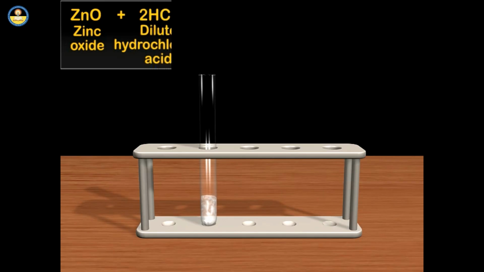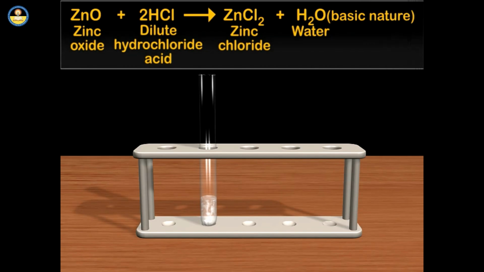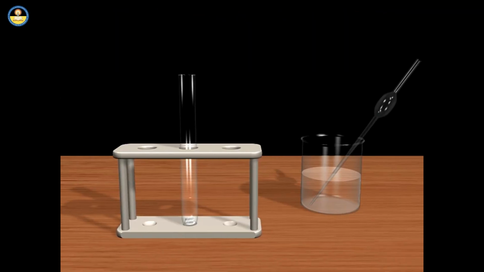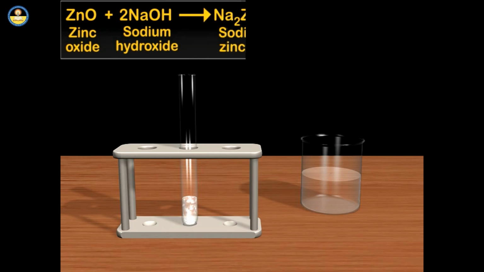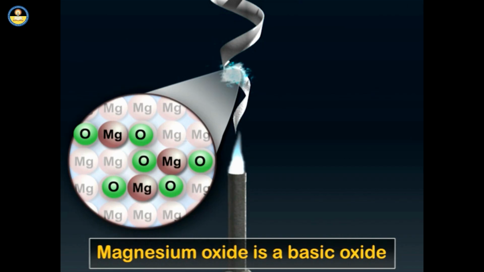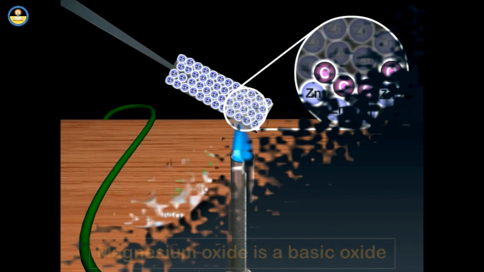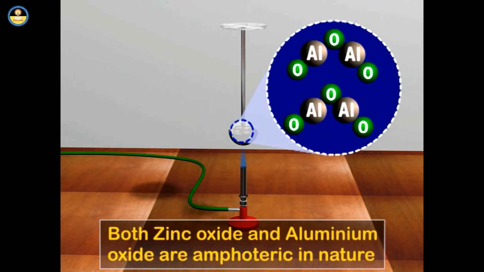ZnO reacts with 2HCl to give ZnCl2 plus H2O. While reacting with alkalis, they form salts and water showing acidic properties. Example: ZnO reacts with 2NaOH to give Na2ZnO2, that is sodium zincate, and H2O. Magnesium oxide is a basic oxide. Both zinc oxide and aluminium oxide are amphoteric in nature.